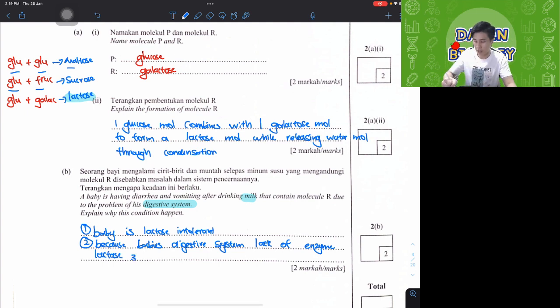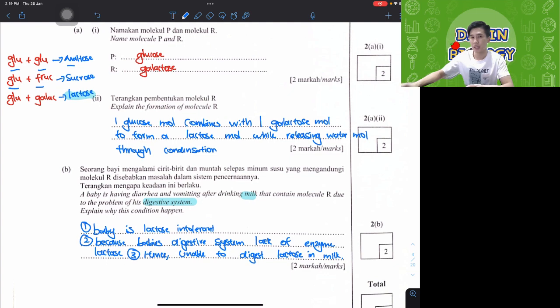I'll give you one more point, hence unable to digest the lactose in milk. So that's the answer.